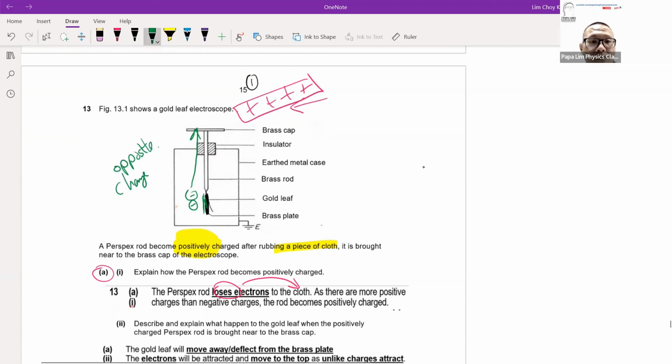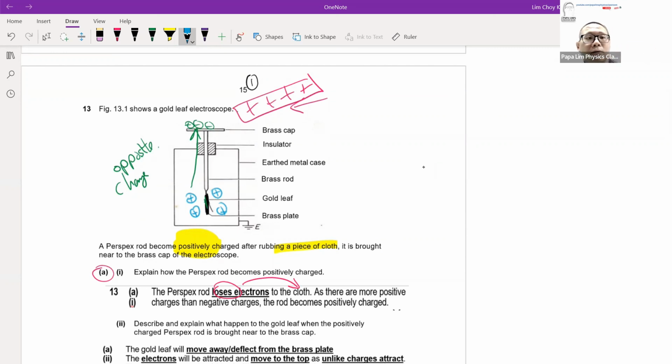These electrons will move up to the surface here. After the electrons move up, what is left behind at the gold leaf is all the positive charges. Remember, it started out uncharged: the gold leaf, the brass plate, everything is uncharged.